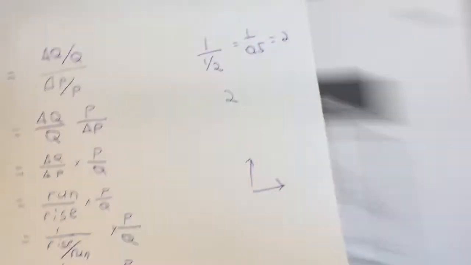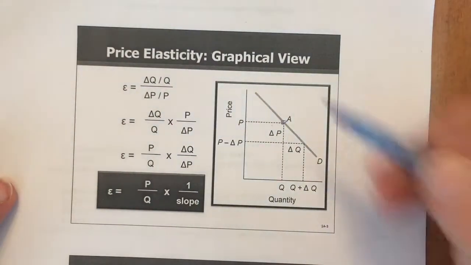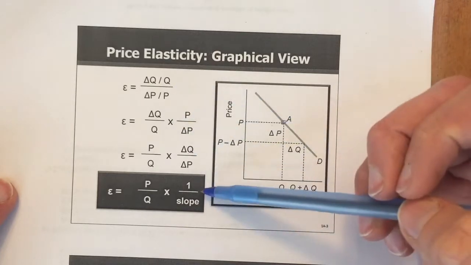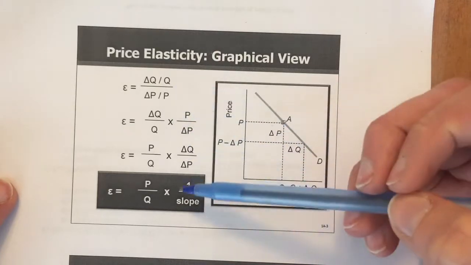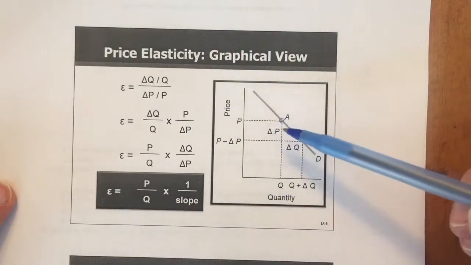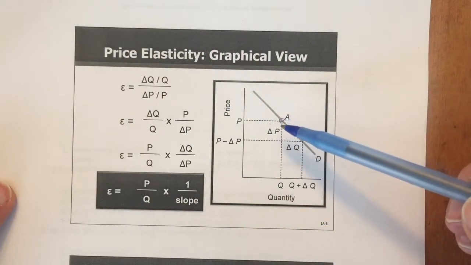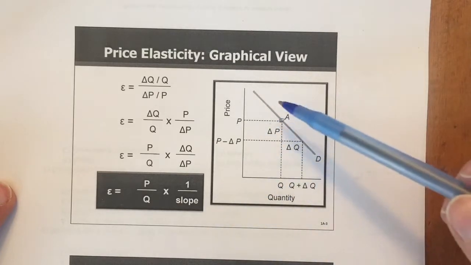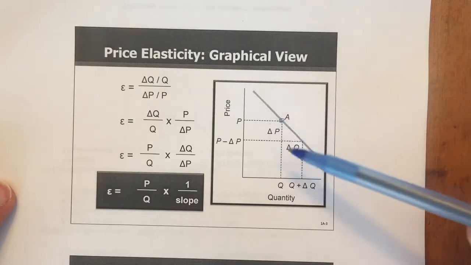So this first slide is just showing how we go from this equation of elasticity to a different definition. These are equivalent, but they're showing us something very interesting here, that we can calculate the elasticity from a particular point as well as from the slope of the line that that point is on.